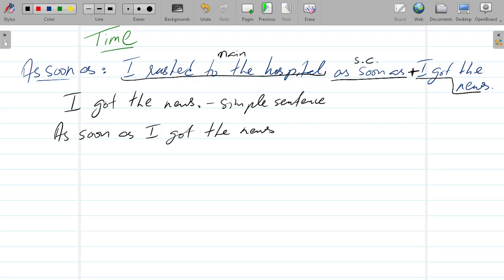So if I write as soon as I got the news, it is not giving you complete meaning, right? And that's the point. This is a subordinate clause or a dependent clause.